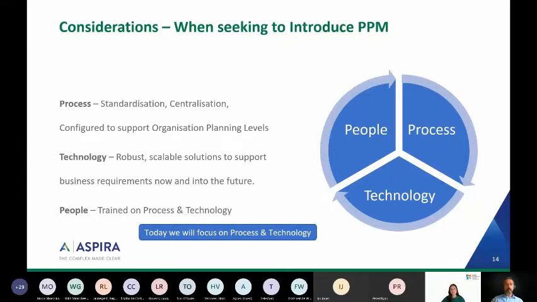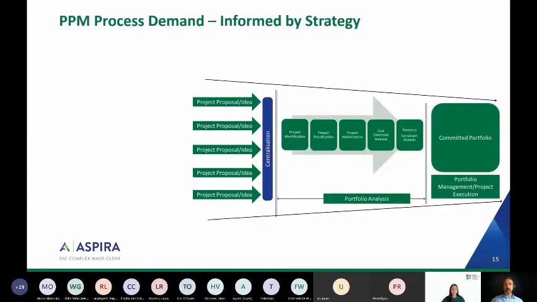So what does a PPM process look like? The PPM process consists of three key elements, and we mentioned these earlier in the webinar, namely capture, select, and deliver. So the process begins with the creation of an idea. The idea is collected into a centralized list.